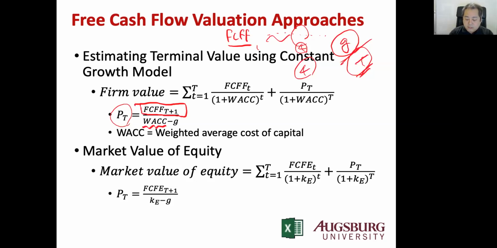So you have free cash flow 1, 2, 3, 4, and then you have the terminal value. Take the present values, and that would be the firm value for the company.